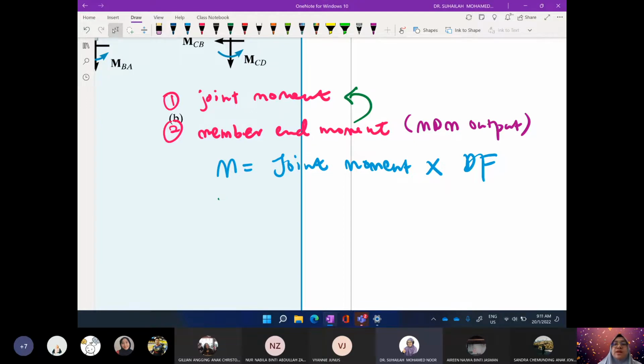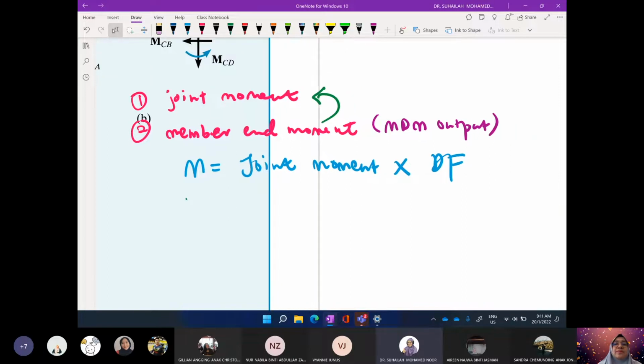Between these two, the sign convention is opposite to each other.